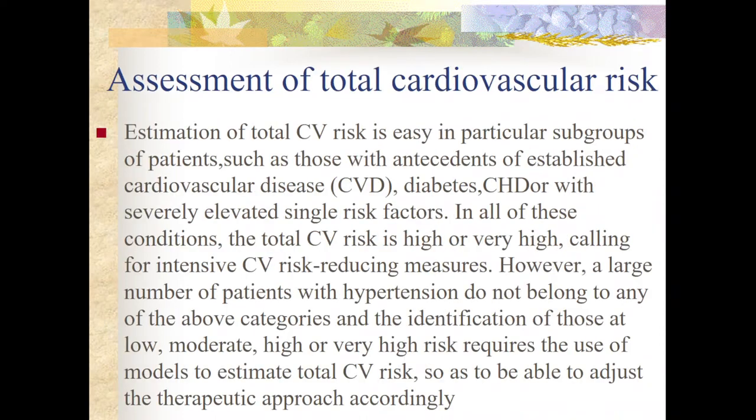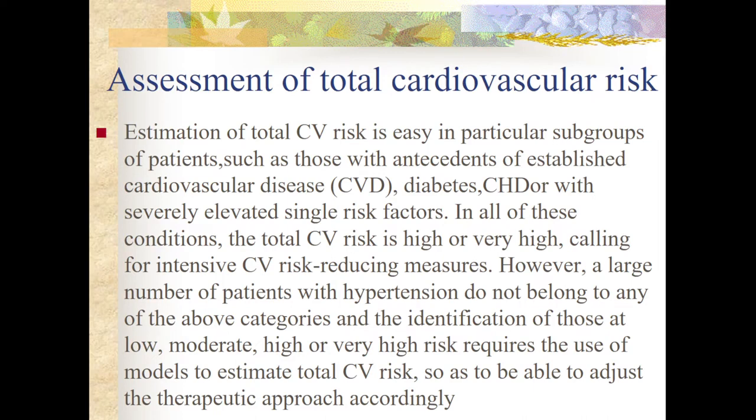Estimation of total cardiovascular risk is easy in particular subgroups of patients, such as those with antecedents of established cardiovascular disease, diabetes, coronary heart disease, or with severely elevated single risk factors. In all of these conditions, the total cardiovascular risk is high or very high, calling for intensive cardiovascular risk reducing measures.